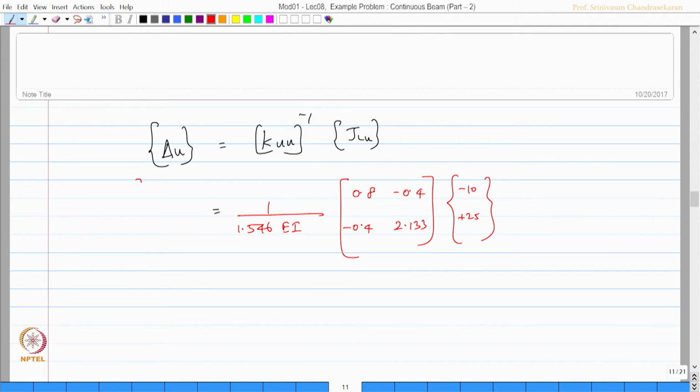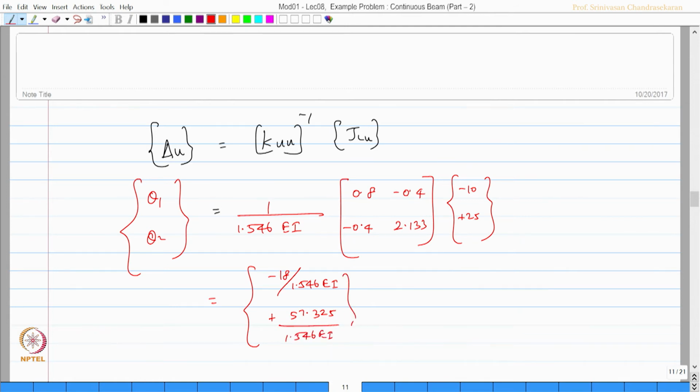Okay. So, I get the unrestrained, which is theta 1 and theta 2, which will be equal to minus 18 by 1.546 EI, and this theta 2 is going to be plus 57.325 by 1.546 EI in radians.